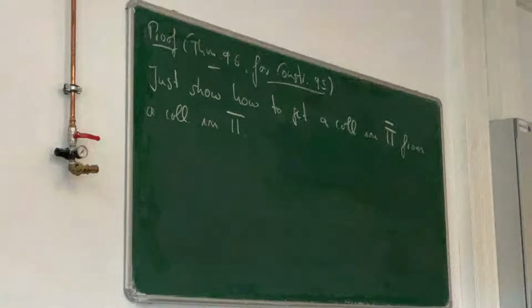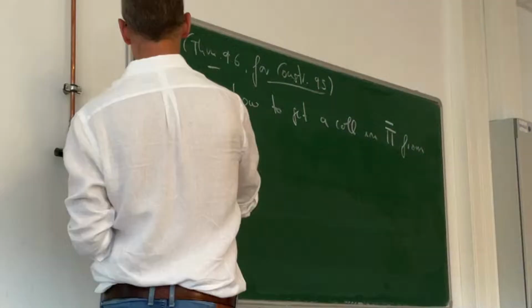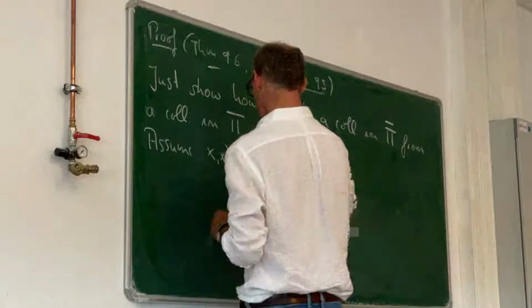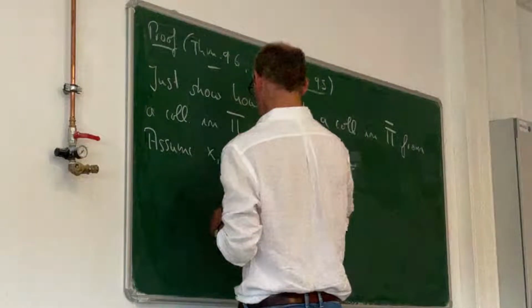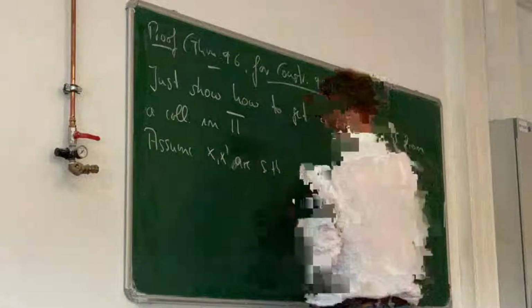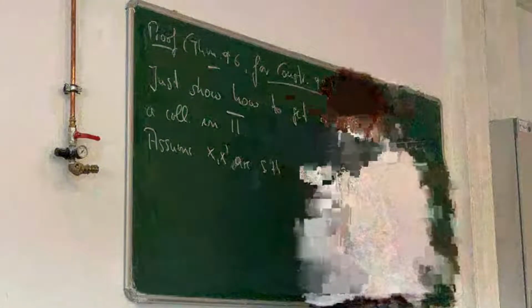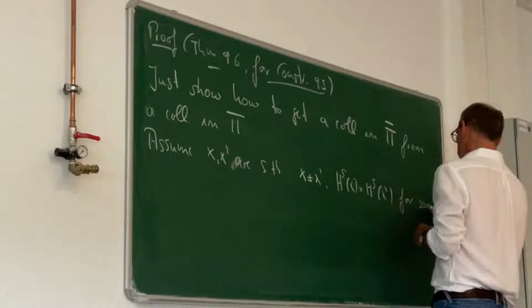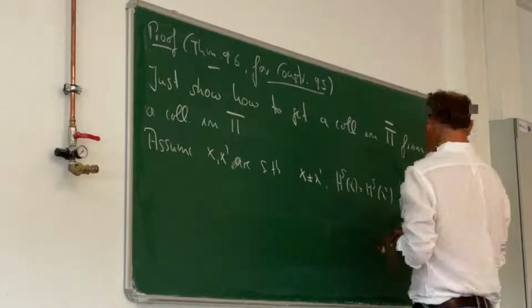Okay? So assume x and x prime are such that x is not equal to x prime, but hs of x is equal to hs of x prime for some key s.